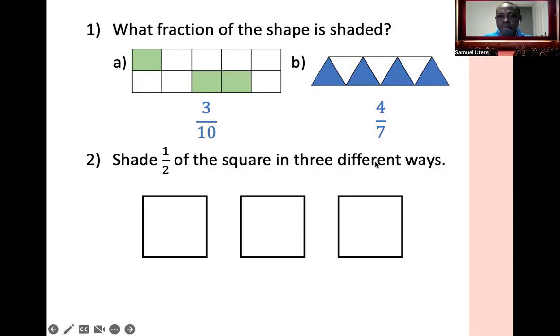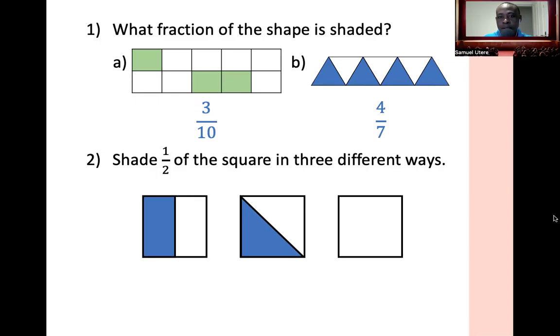Well, if we're to shade half of the square in 3 different ways, we can do it first like that. We can also do it diagonally. So this is called a line segment. Take note of some of the names I use when I teach, because you're going to come across these in year 8, year 9, and year 10 lessons.